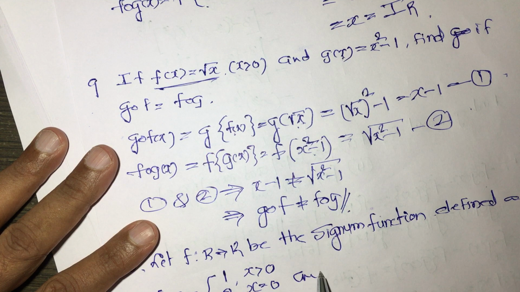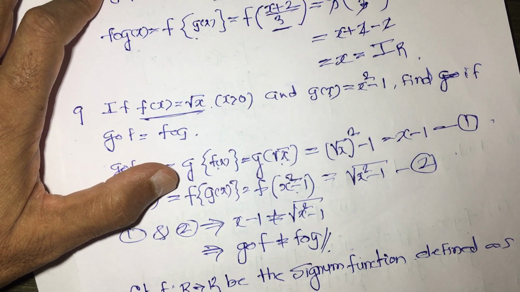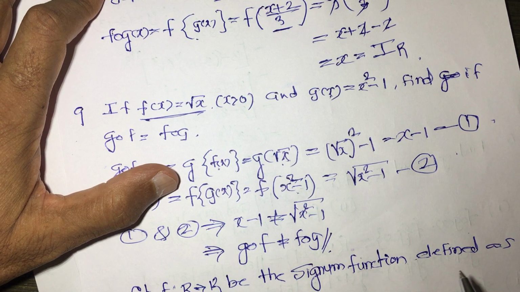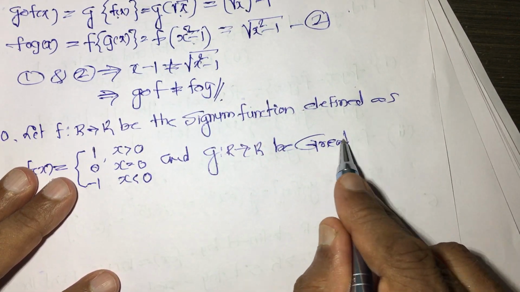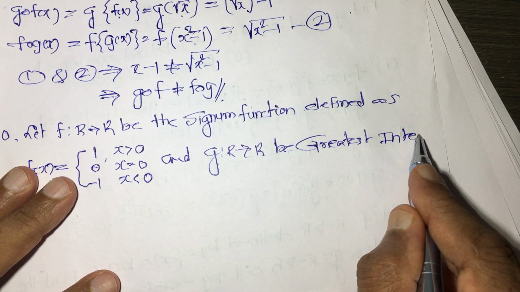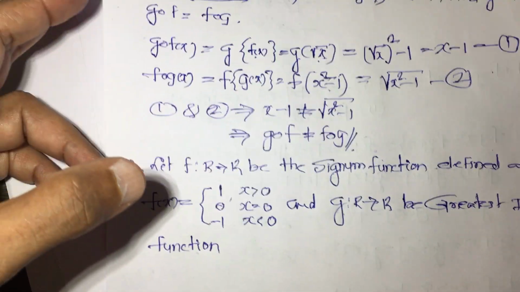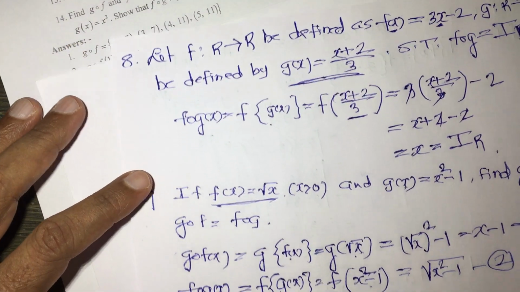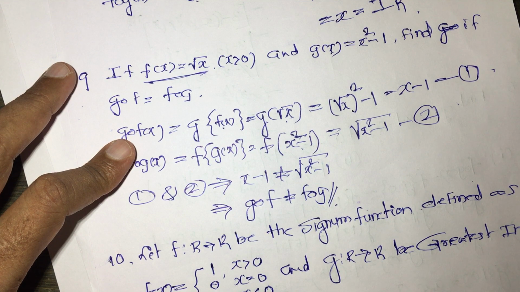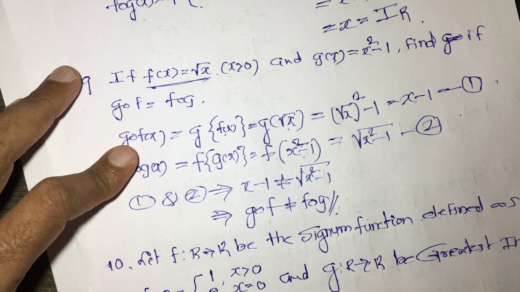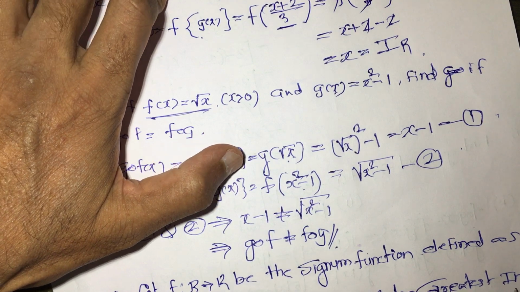And g is a function from R to R, the greatest integer function, defined or given by g of x equal to the square bracket x, the integer less than or equal to x.